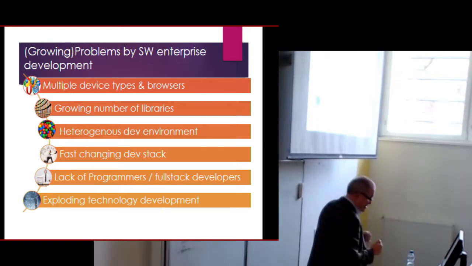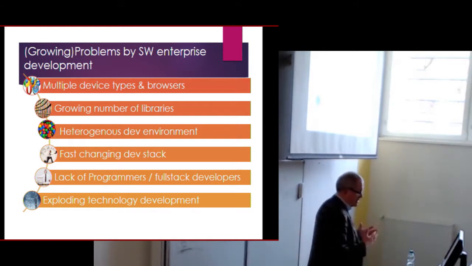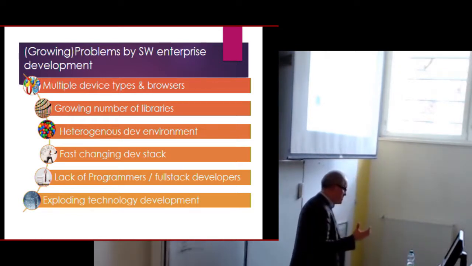But this number of libraries is growing every year or maybe every month, and the problem is that most of these libraries are open source, and their quality relies on the authors. And if the author dies or is bought by IBM or whatever, the library dies as well, and you have to find some substitution.